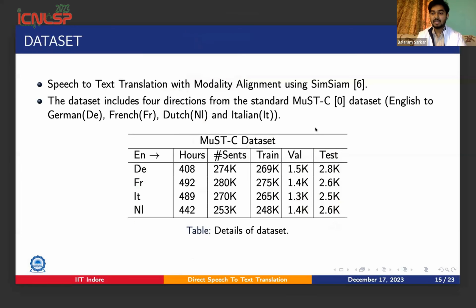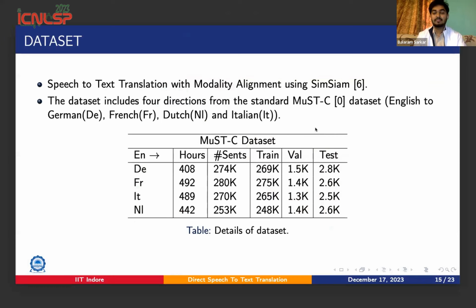The data set that we used is the largest publicly available data set for speech to text translation. It is the MuST-C data set, comprising TED talks, and when it was first launched, it had 8 different directions.